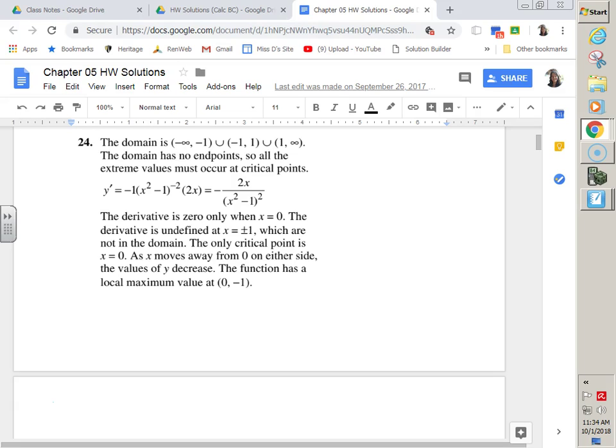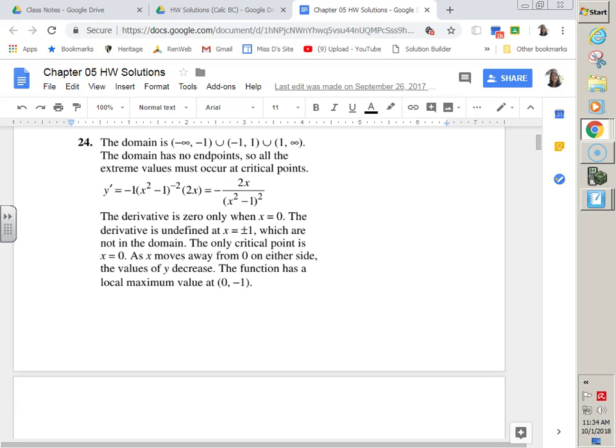X can equal... So your critical point was 0. Why are plus and minus 1s technically not critical points?